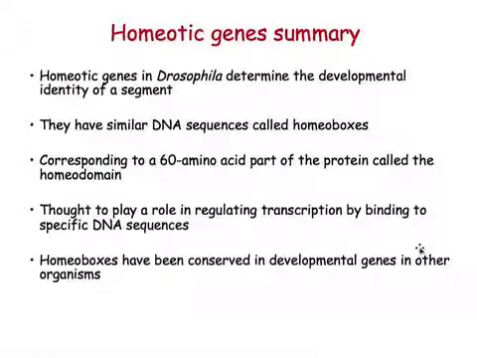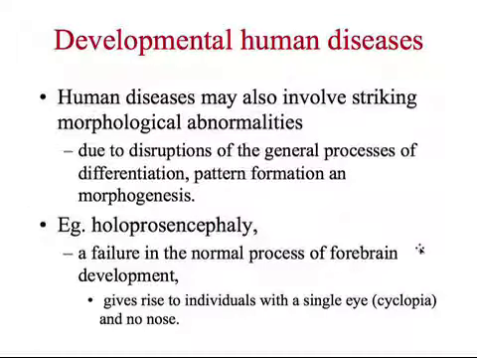So effectively, by studying development in Drosophila, we understand that these gradients and axes of development are really important during development, but they also led to the discovery of these homeotic genes. Mutation in these single genes can cause changes in body plan, and it's a really powerful effect that these mutations have.